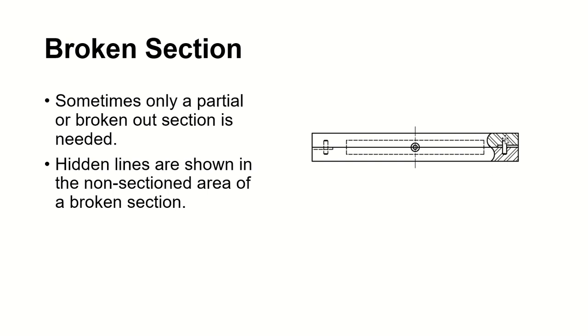The section view part is only on the right side of your broken line. On the left side of the broken line, you have a non-section area, so we show the hidden lines. Don't show here, show here. That's how to do the sectioning in broken parts.